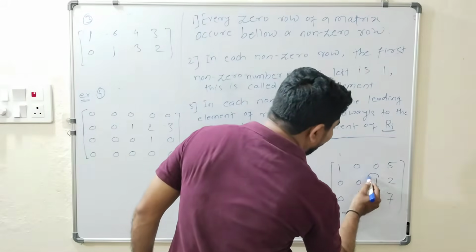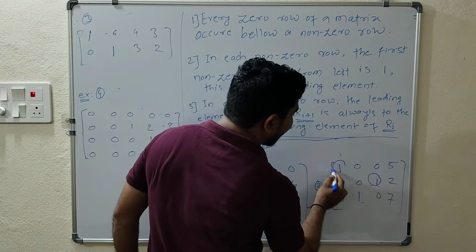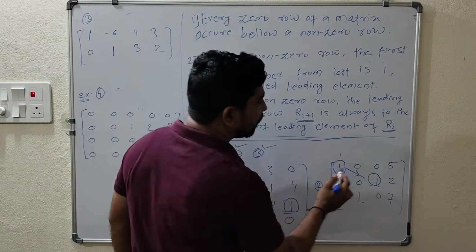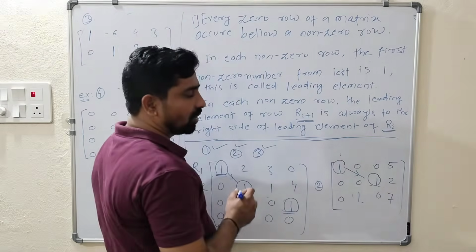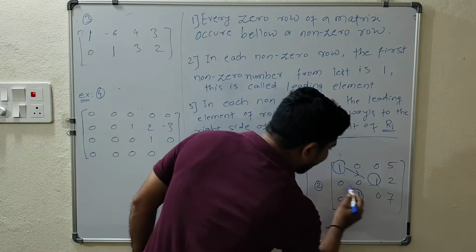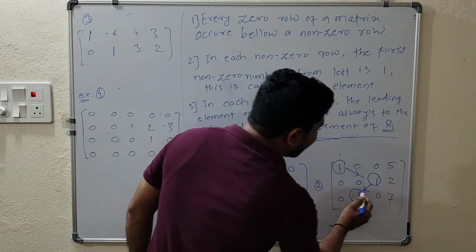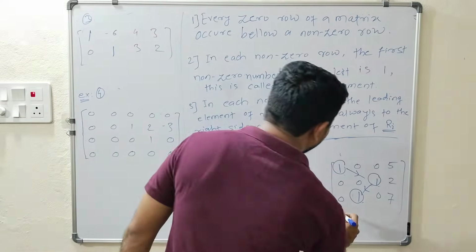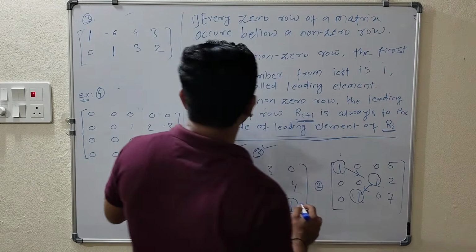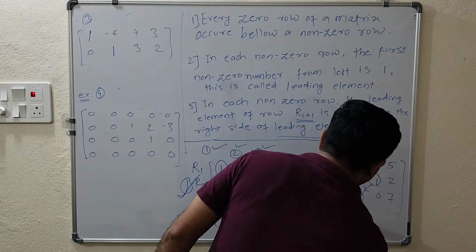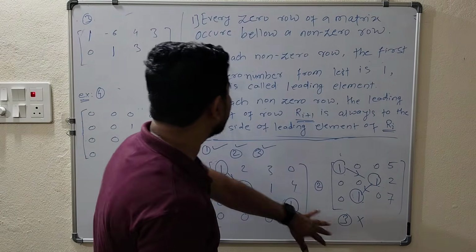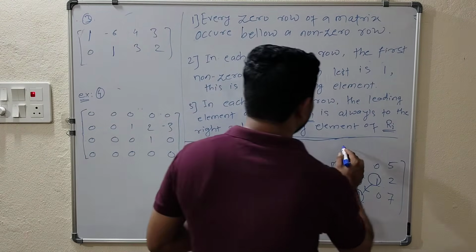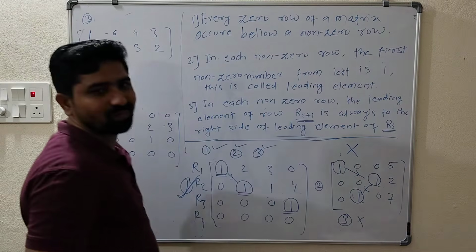The leading element of R2 occurs to the right of the leading element of R1. But the leading element of R3 occurs to the left of the leading element of R2. So example 2 fails property 3, and that's why this is not in the echelon form.